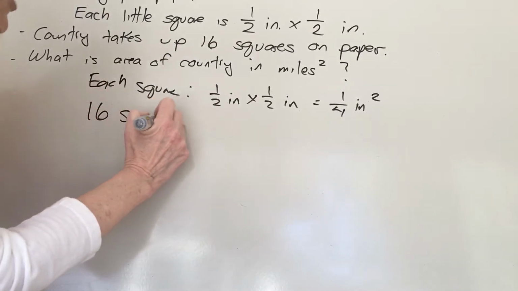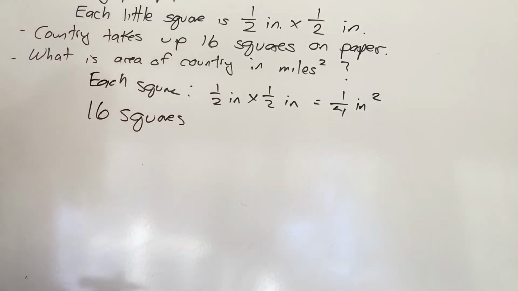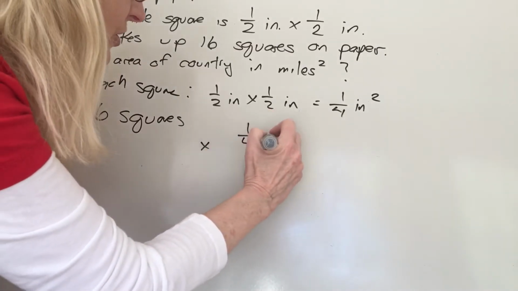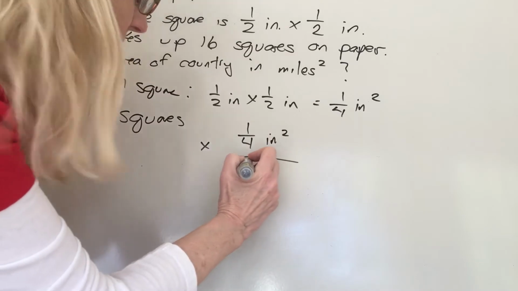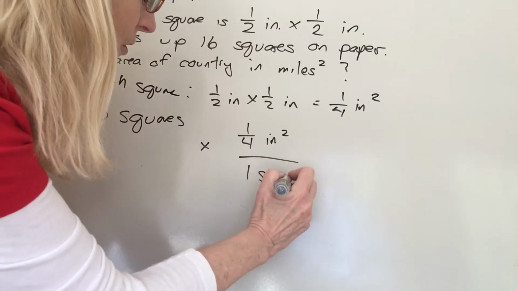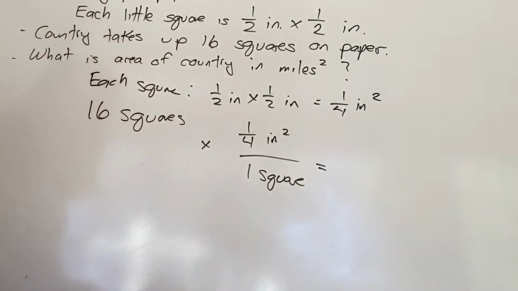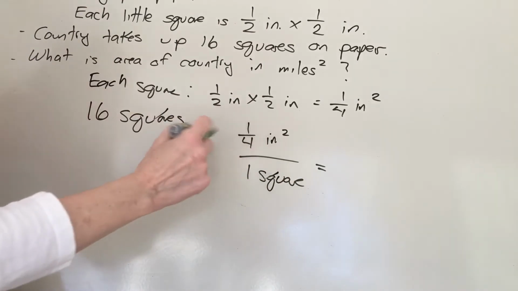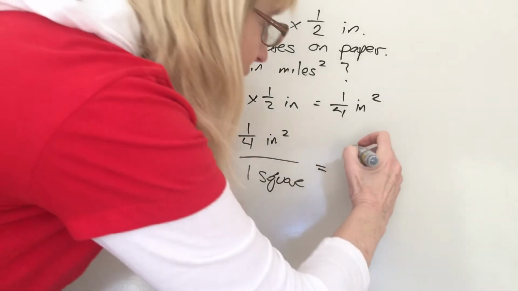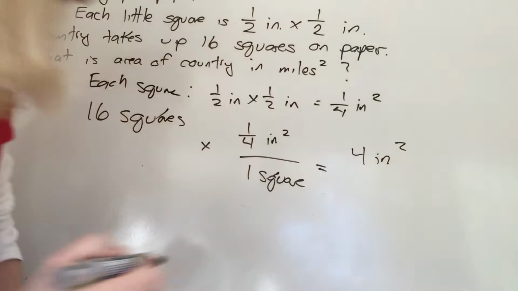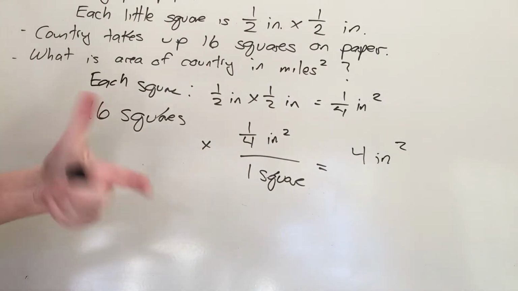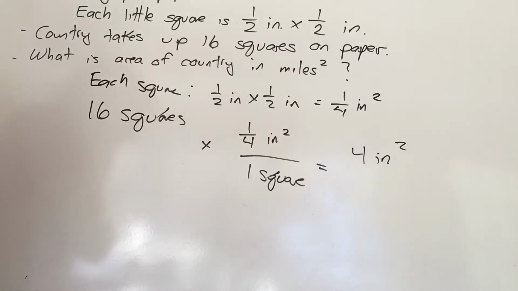I have to give you that information. Sorry. We have 16 squares. So if we have 16 squares and each square takes up 1/4 inch squared, you can figure out how many inches squared our country is on the map. So the squares cancel out and you just end up with inches squared, and 16 divided by 4 is 4, so you get 4 inches squared. So our country on our map takes up 4 inches squared of this graph paper, okay?